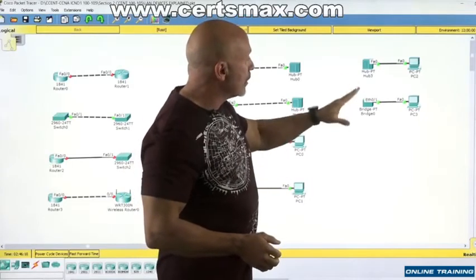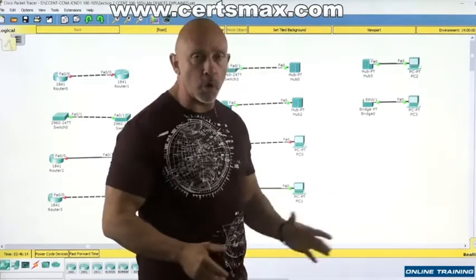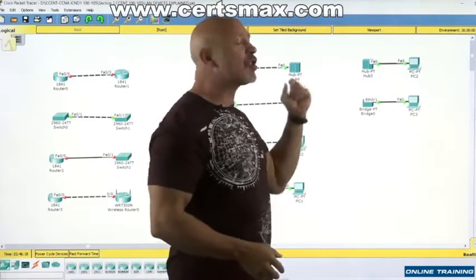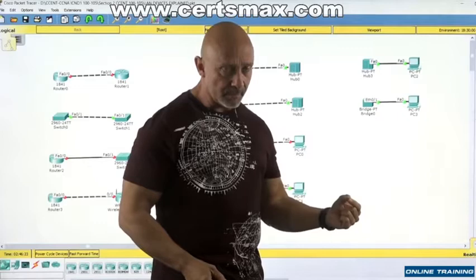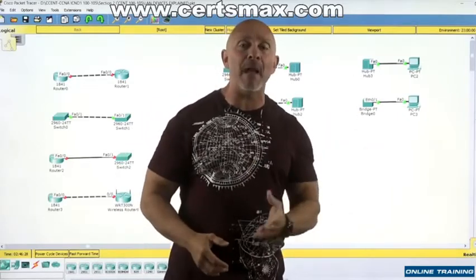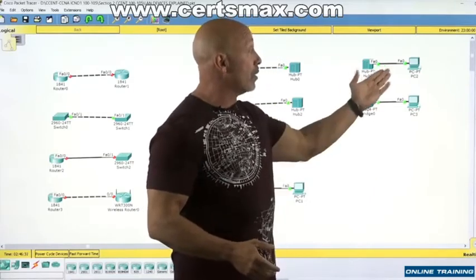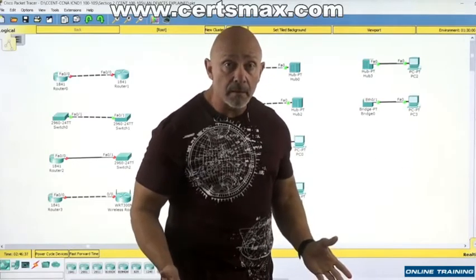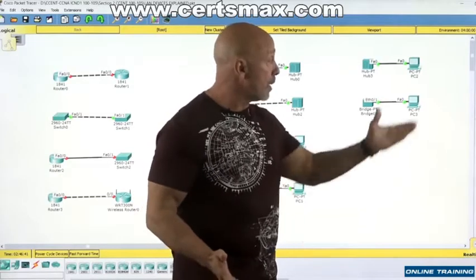So when we're talking about hubs, that was something from the past, okay, that we had no choice. The reason we don't use hubs anymore is because it is a shared collision domain, meaning that every time you plug something in, you're sharing that bandwidth with the other devices. So even if you have category 5 cabling, UTP, 100 megabits per second, you're not going to get it, because the more people you plug in, the less.